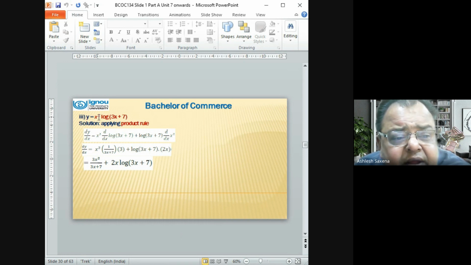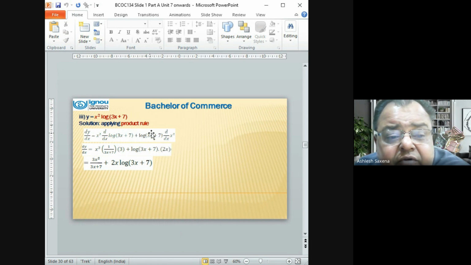So straight away, first function as it is, derivative of second function, plus second function as it is, derivative of first function. x square will be written as the same. Now see, we have log x, so we will be writing 1 upon x into derivative of this, plus this part into derivative of x square, that will be 2x.